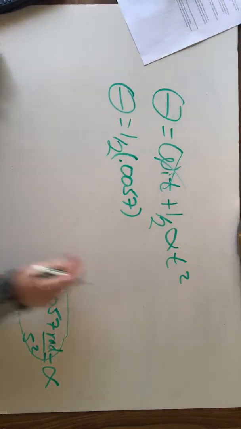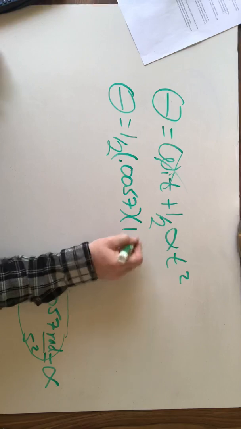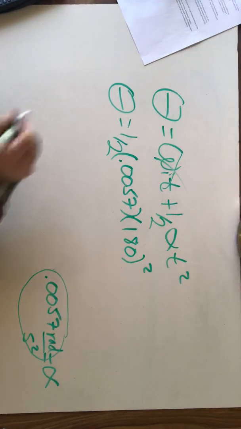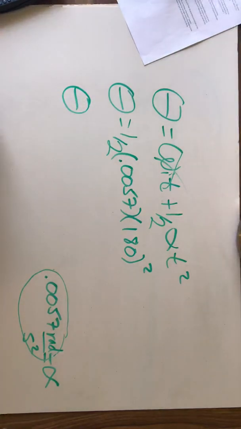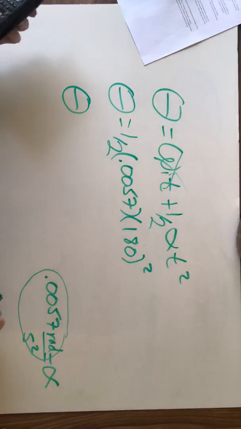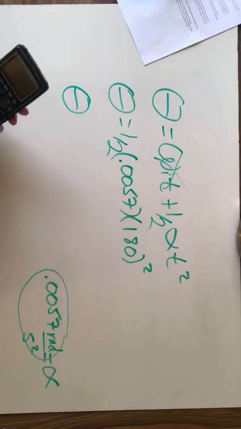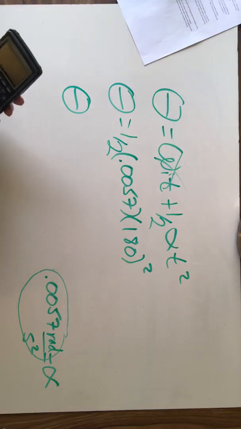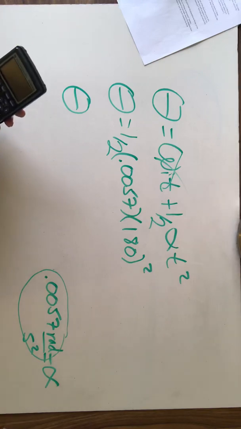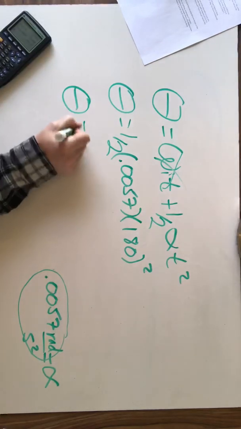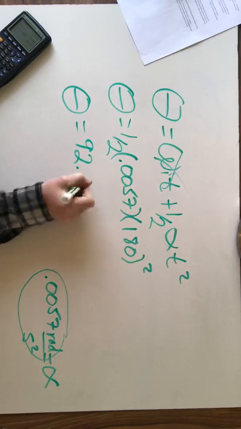0.0057 times the time, which was 180 seconds, squared. Okay. How far did the bug travel? 180 times 180 times 0.5 times 0.0057 equals 92.34.